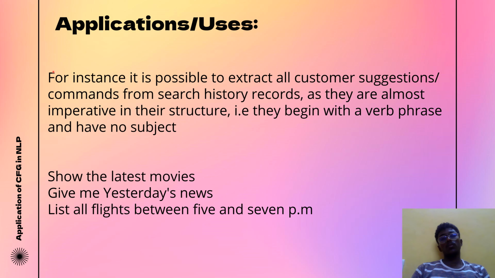So if I want to extract all customer suggestion commands from search history, then they are mostly similar in structure. That is, they mostly begin with a verb phrase and have no subject, obviously, like show the latest movies, give me yesterday's news, and list all flights. These are all verb phrases: show, give, list.